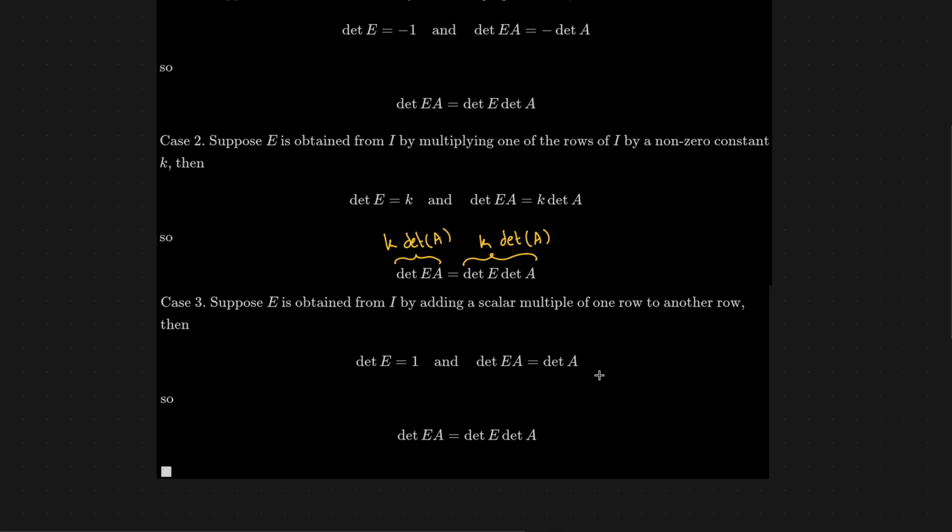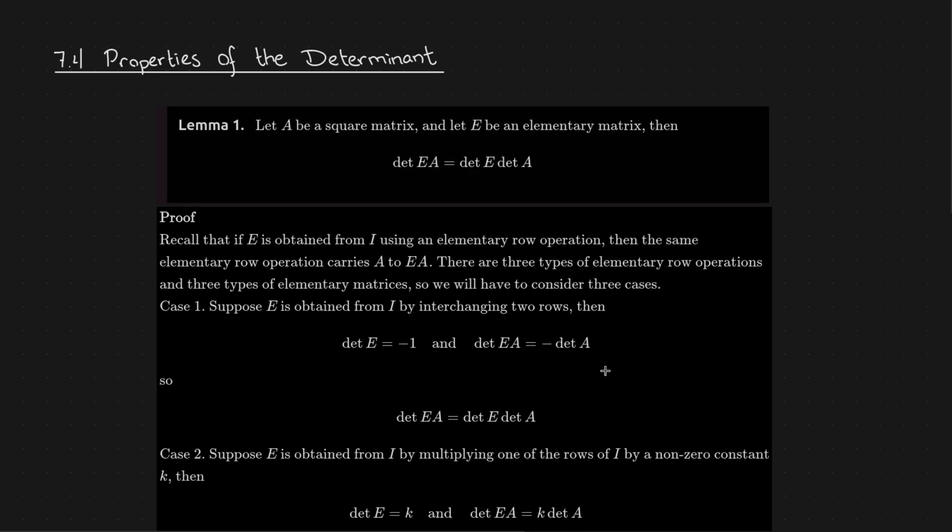Okay? In case 3, exactly the same argument. I'll leave you to do case 3 on your own. So the determinant of the product of an elementary matrix and another matrix is equal to the determinant of the elementary matrix times the determinant of the original matrix.